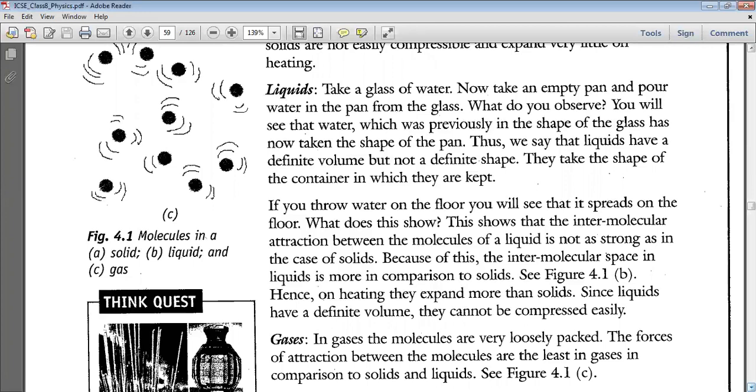Because of this, if you heat liquids, they expand more compared to solids. This is known as thermal expansion. So thermal expansion is a phenomenon in which if you heat a material, it will continuously expand. Okay. So since these liquids have got a definite volume, they cannot be compressed very easily.